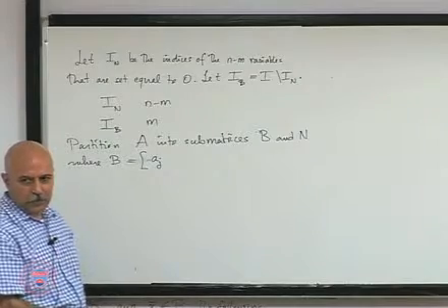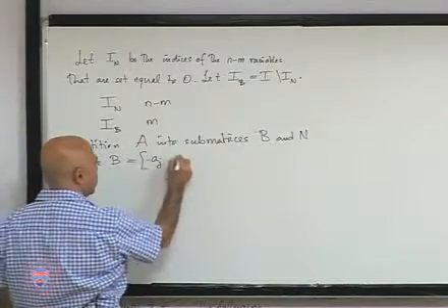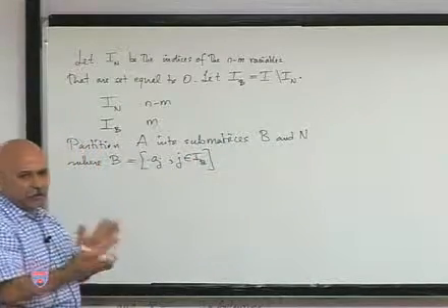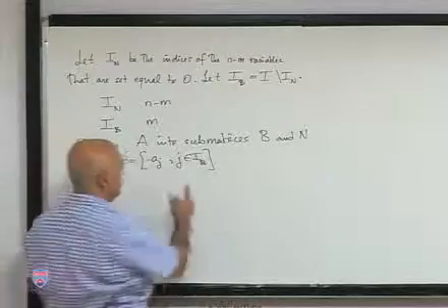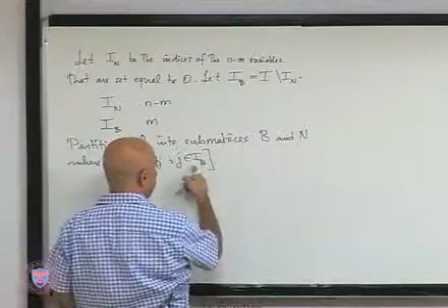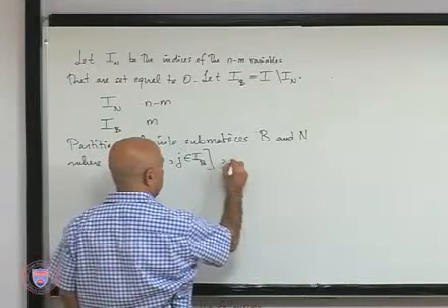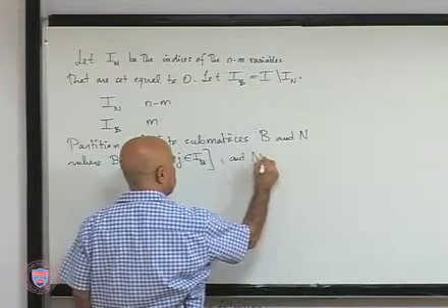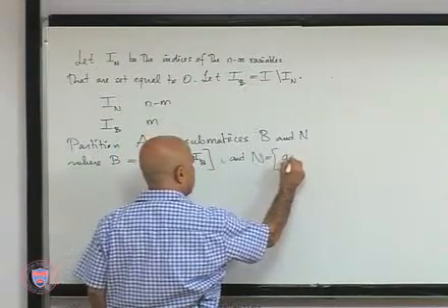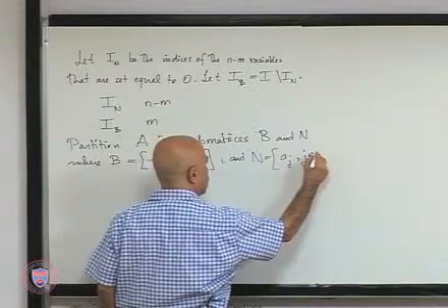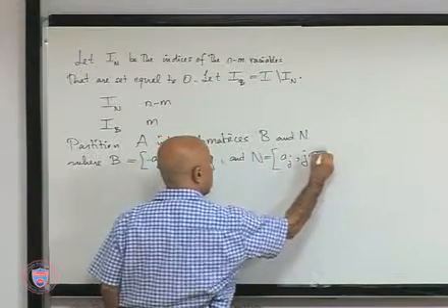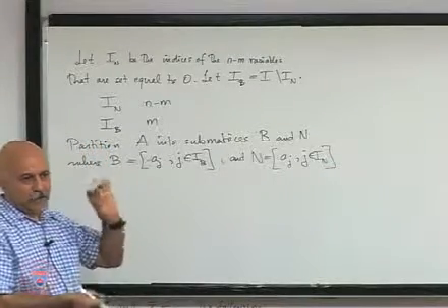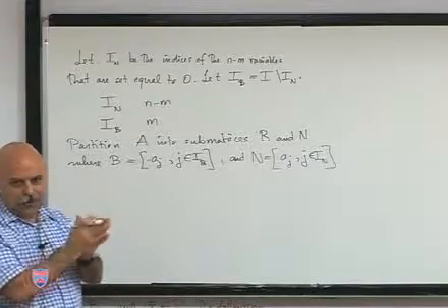That's the jth column of A matrix, corresponding to those in I sub B. Okay, that's the submatrix of the columns of the indices in I sub B, and N is the submatrix consisting of those columns whose associated variable is in I sub N. Each column is associated with a variable. So columns and variables always go hand in hand.